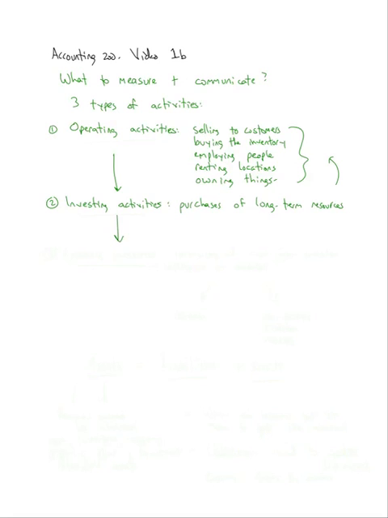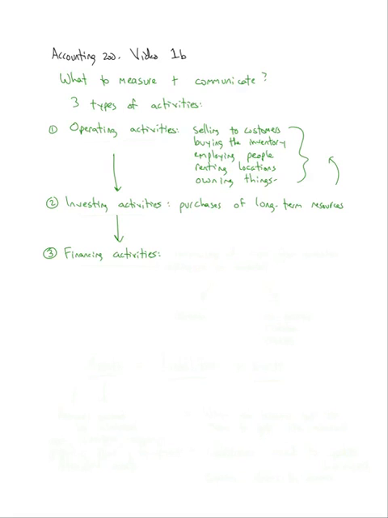Now, as you may imagine, investing activities are often expensive. They require lots and lots of money. So where do we get the money in order to engage in our investing activities? That's our third type of activity. That's called financing activity.